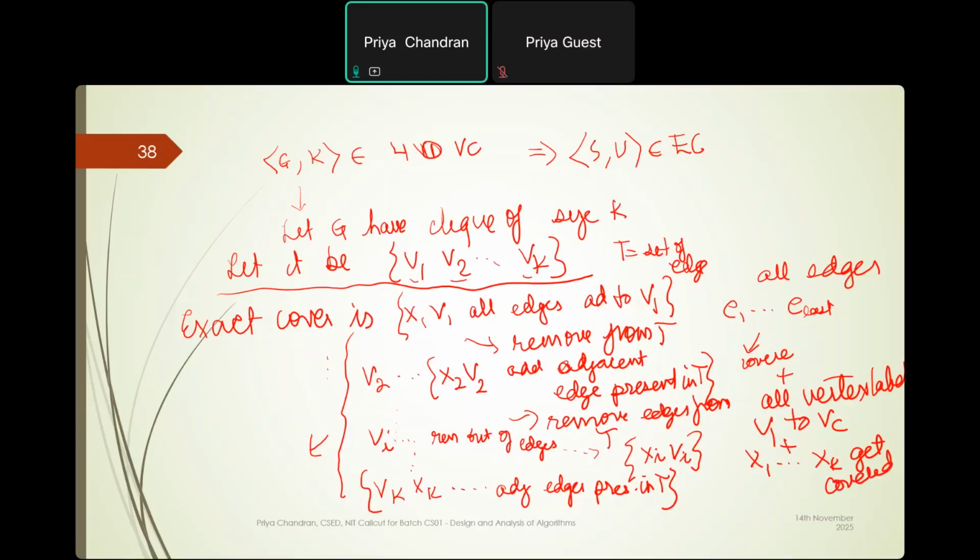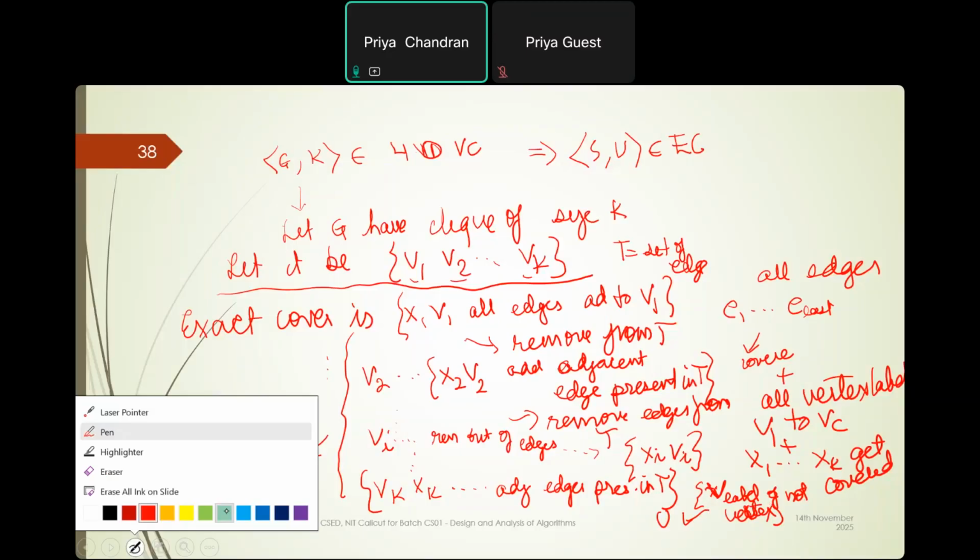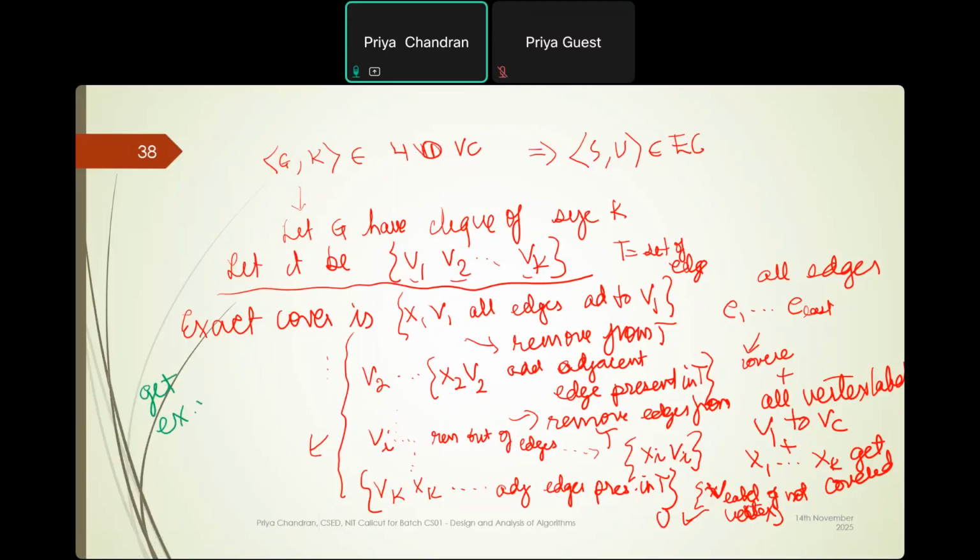Now what remains is the edges in G that are not in the vertex cover. So how do we account for these vertices? We already have their versions, the vertex label of the not covered vertex. Those also we add here so that we get an exact cover.